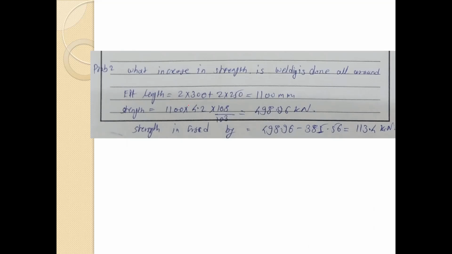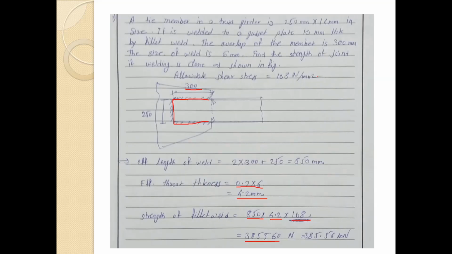Now we have the extension in that problem: what increase in strength if the weld is done all around? Earlier it was from three sides, and now we are again increasing the weld length in this direction also.